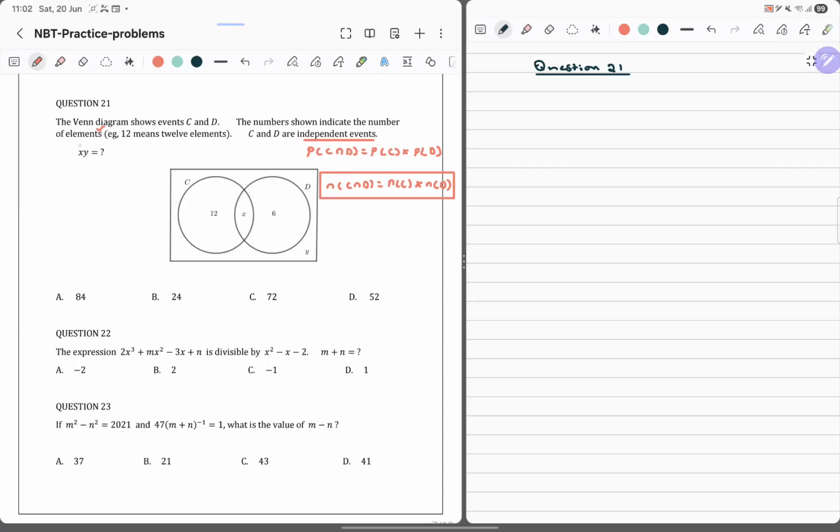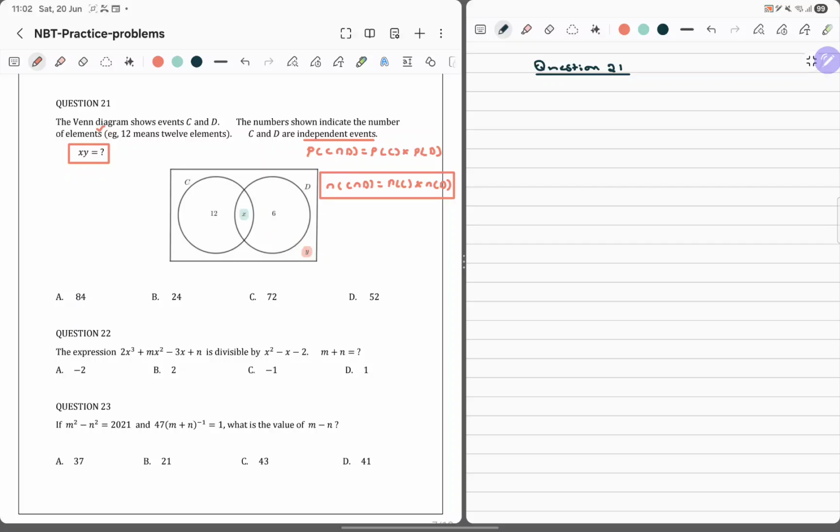All right, so the question says x times y is equal to. Now if we look at x, it is the intersection between C and D, whereas y is what is not part of C and D. Now under which circumstances would we have ourselves multiplying these?